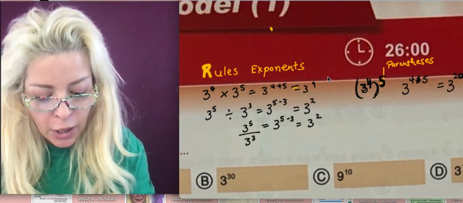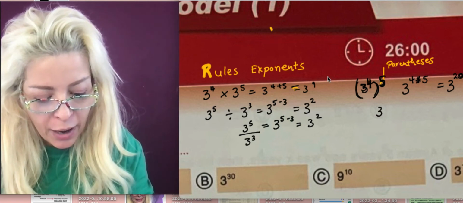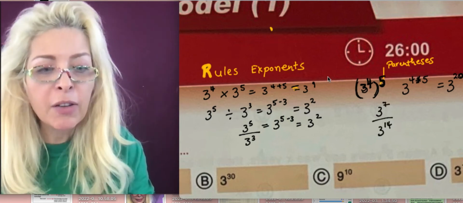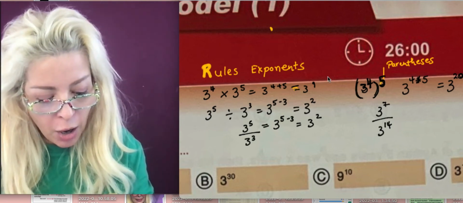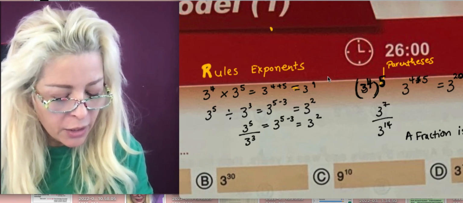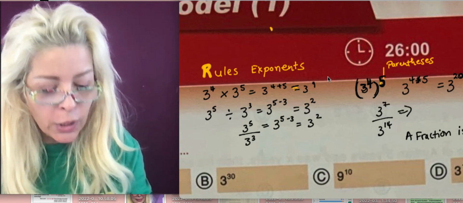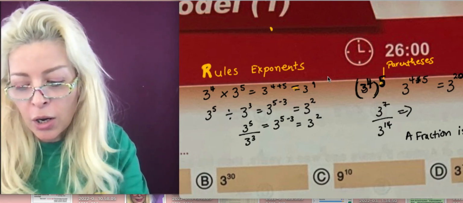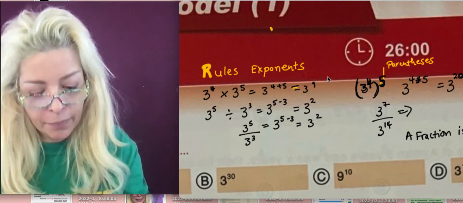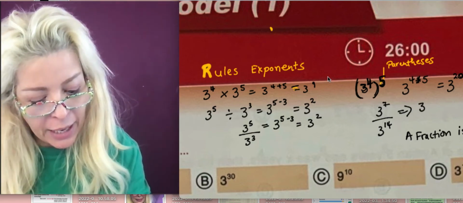Now there's also another rule that says that if you have something like this, let's say again you have division, because remember, a fraction is division. This is a fraction and it is division. But what do we do here? You say, well, teacher, halas, you told us. You subtract. Good. Exactly, you subtract.